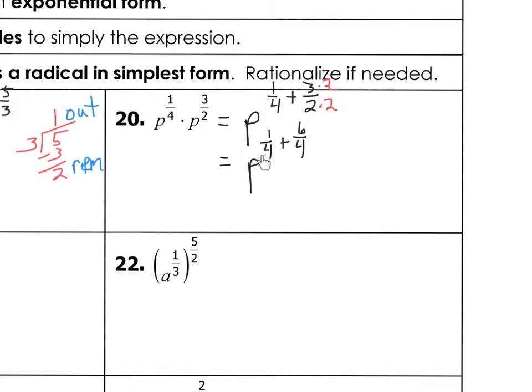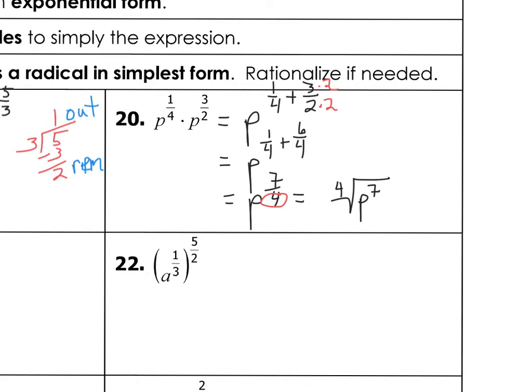Now we have like denominators and we can add those numerators. So 1 plus 6 is 7. So I get p to the 7 over 4. And then finally you have to put it back into radical form. So remember, this is our index. So I have the 4th root of p to the 7th, and then we have to simplify that. So I'm going to take and divide 7 by 4.